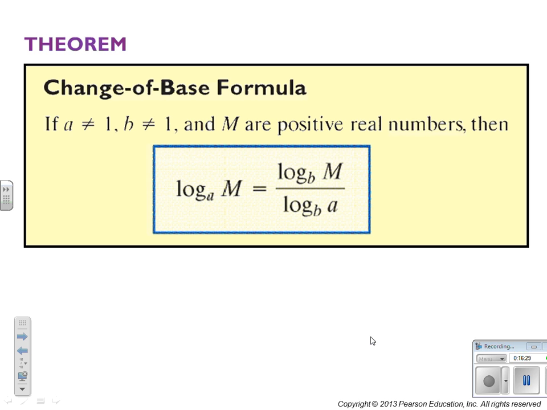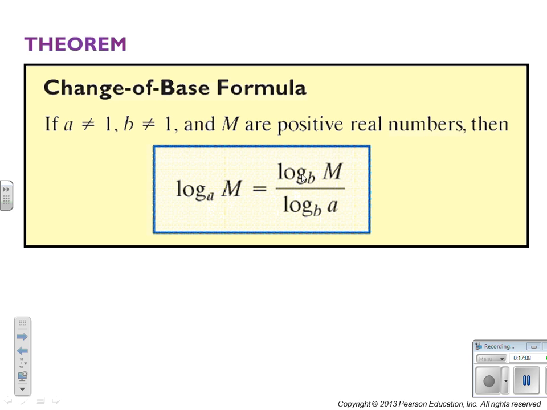All right, so that is what we did in the last example, the long way to do change of base. So we use change of base when we have things other than base 10 or natural log, because our calculators don't do anything but natural log and log base 10. So when we get into that situation, I always remember it as when I have log base a of m, it always goes log of the big over log of the little.